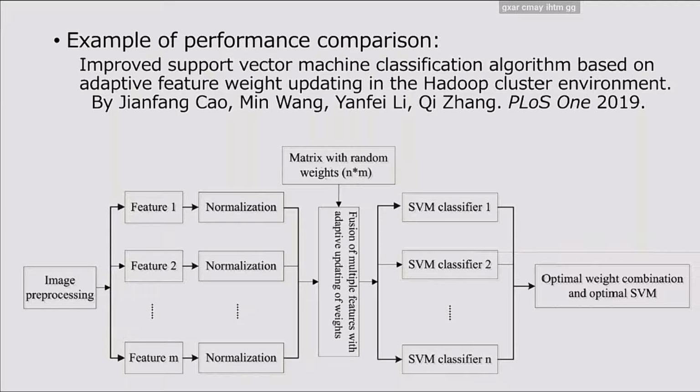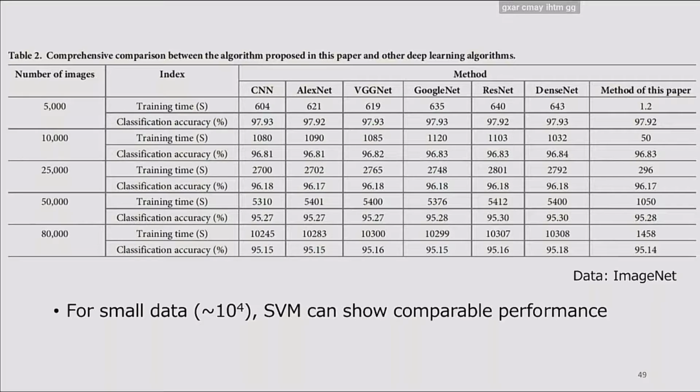After computing support vector machines with these many types of features, they combine the results in a linear way to give the final result. They apply this method to ImageNet and compare the result with state-of-the-art deep learning methods like AlexNet, GoogleNet, ResNet, and so on. And the performance difference is very minor, as you can see.